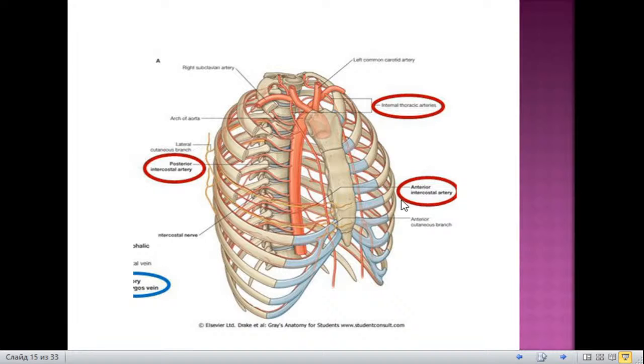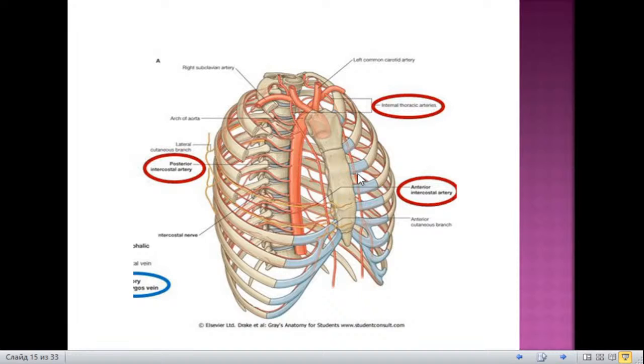So, firstly, in the first and second intercostal spaces, everything is different. The posterior part of the upper two intercostal spaces receives blood from the supreme intercostal artery.